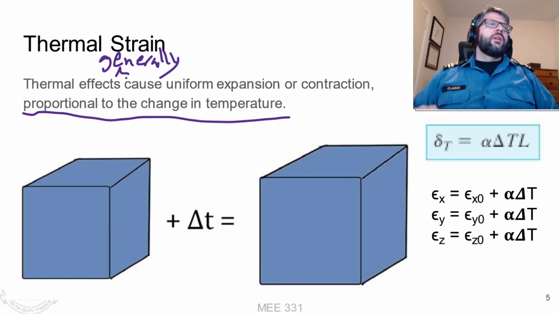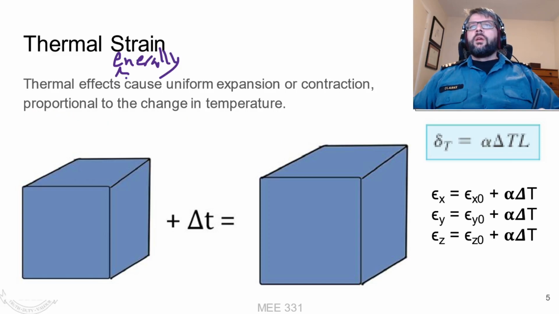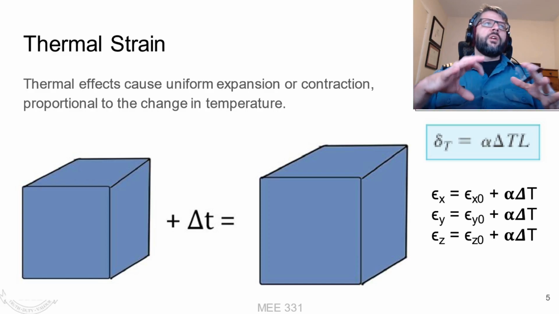I think the density for water is at its minimum at, I think it's 4 degrees Celsius, somewhere around there. But that's due to the polar nature of the water molecule. It doesn't really come into play when we're talking metals or basically any engineering structural materials.